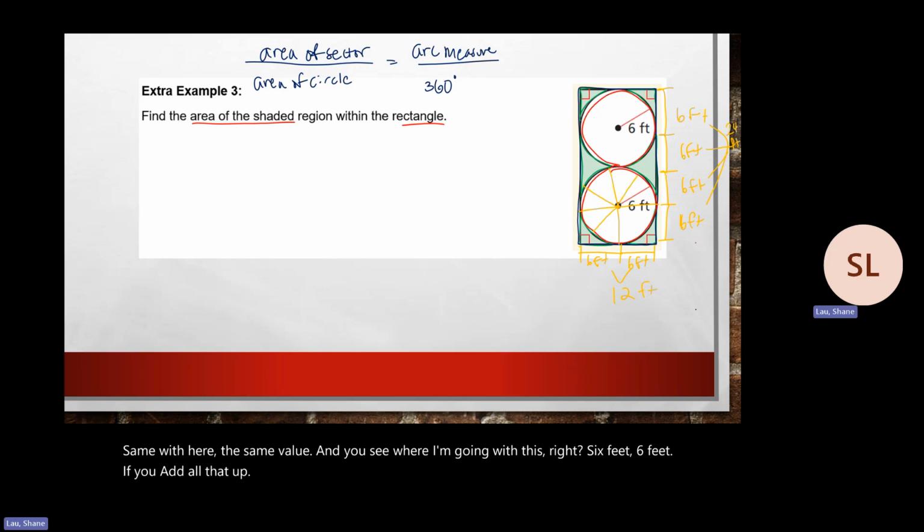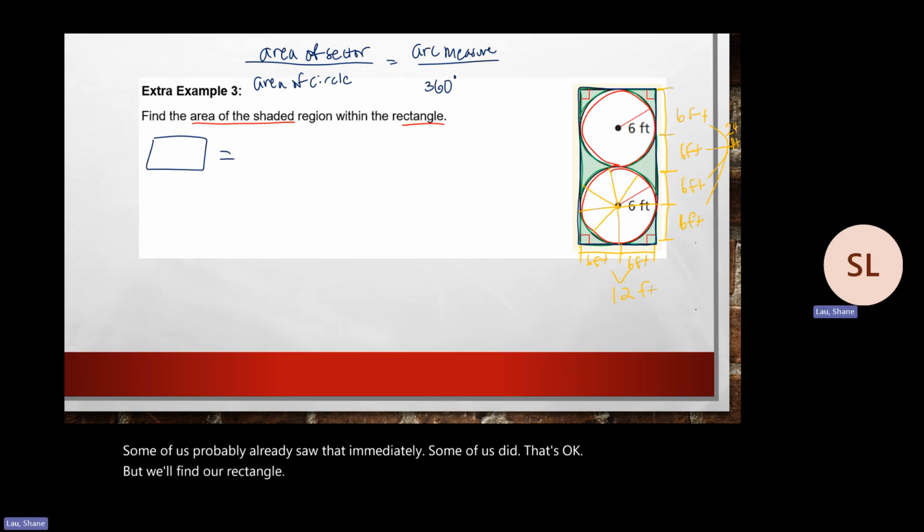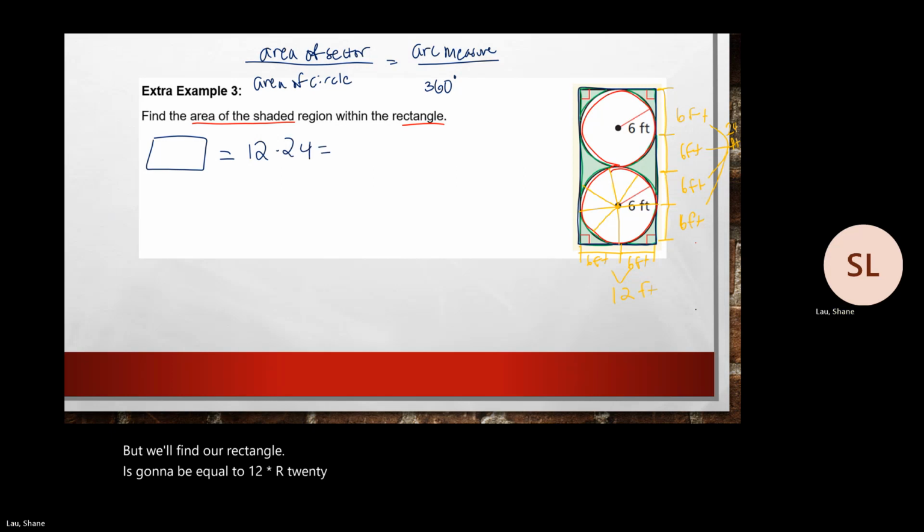Some of us probably already saw that immediately. Some of us didn't. That's okay. We'll just keep going. But we'll find our rectangle is going to be equal to 12 times our 24. And that value is going to be, one second.